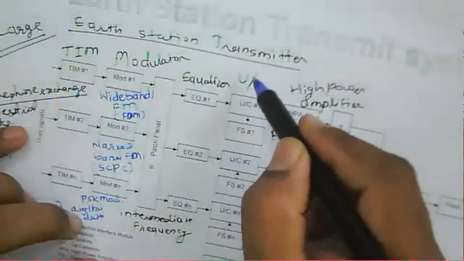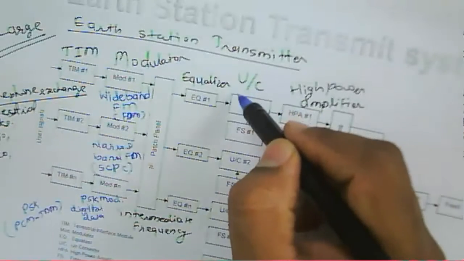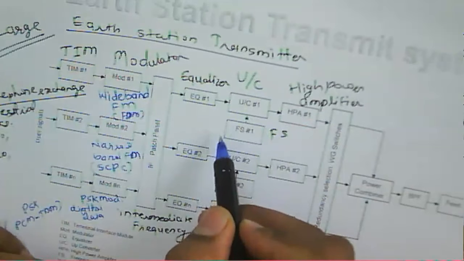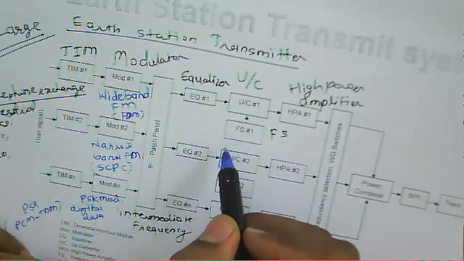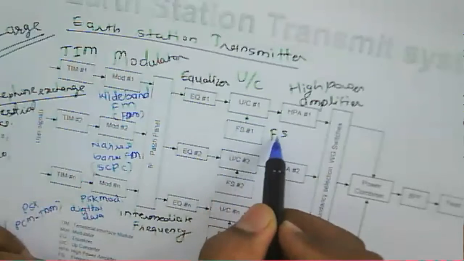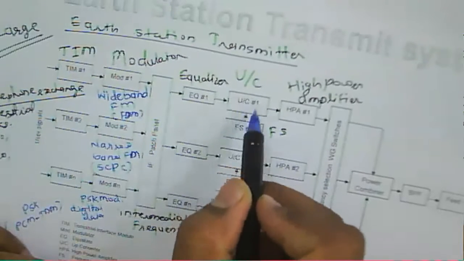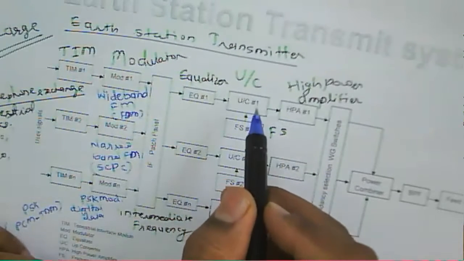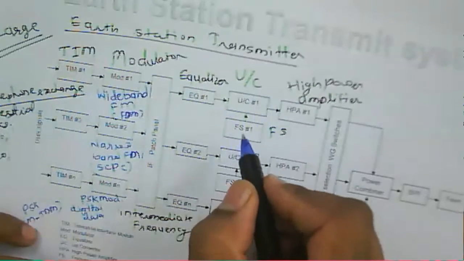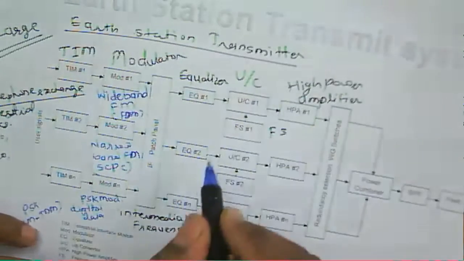That appropriate signal is generated through this up converter based on this frequency synthesizer. So the equalized output as well as the frequency synthesized output will be mixed here, and by mixing of these signals, it will generate a radio frequency signal here.